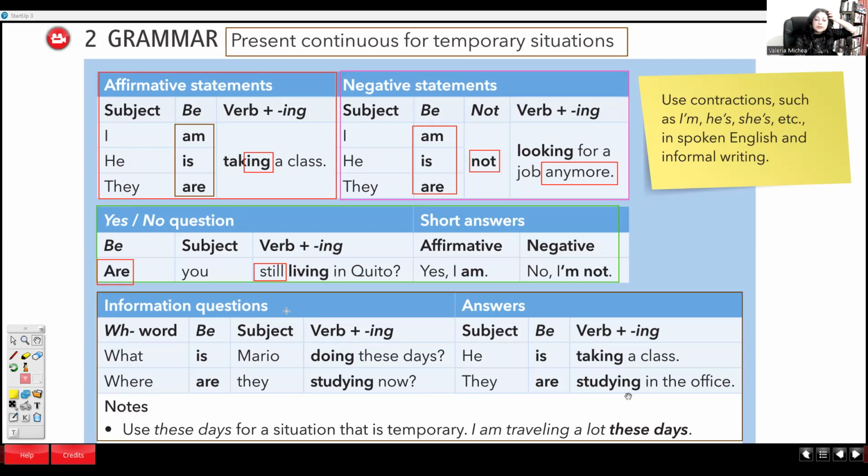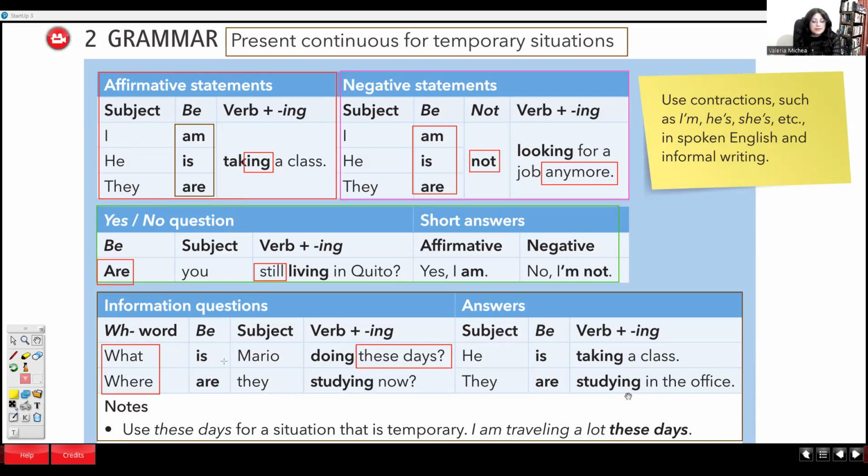And in open-ended questions, you are going to do exactly the same. The only difference is that with information questions, you are going to start with question words like what, where, when, why, how, etc.